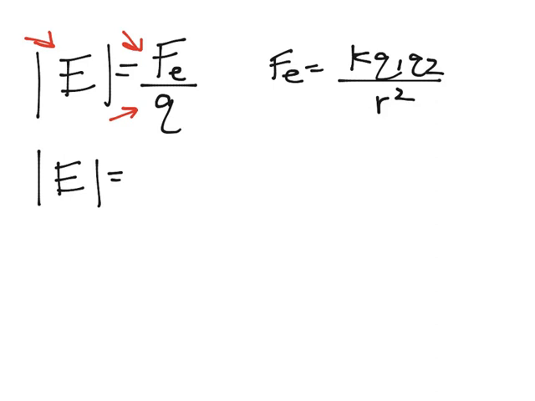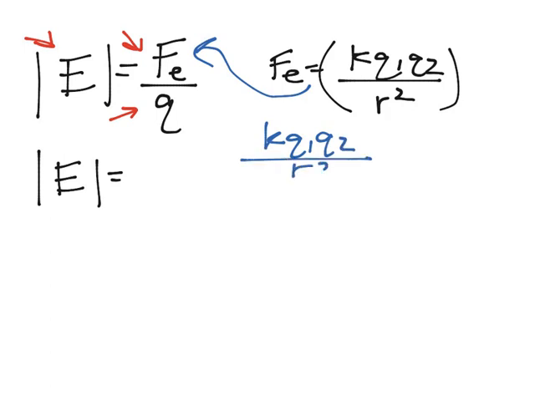So if I were to plug all of this in for Fe, we would have K Q1 Q2 over R squared, over Q. So when this happens, we can see we have two Q's.